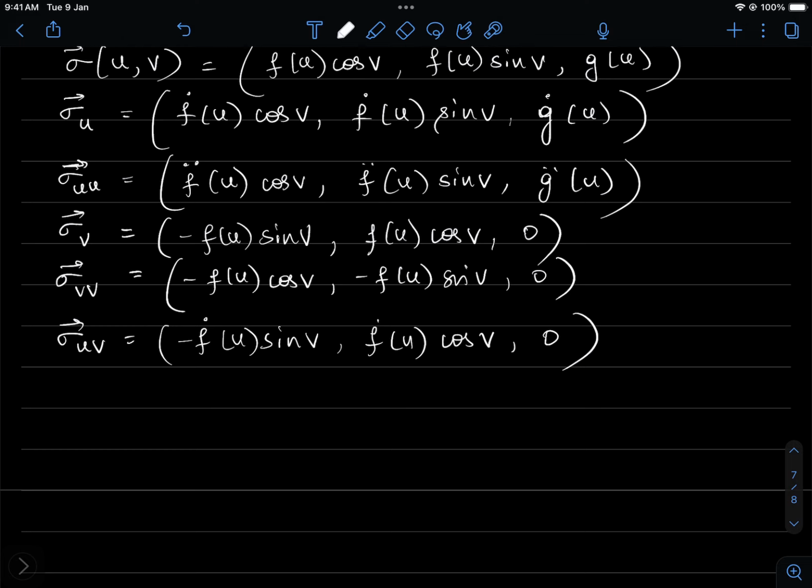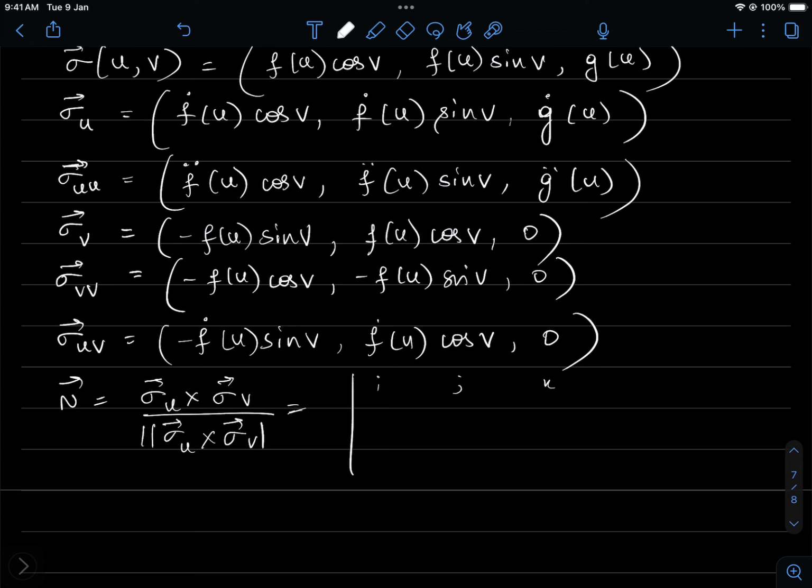Now first let's find out what N is. N is sigma u cross sigma v divided by the magnitude. What are sigma u and sigma v? We can write it in a determinant form to find the cross product. So let's take i, j, k.